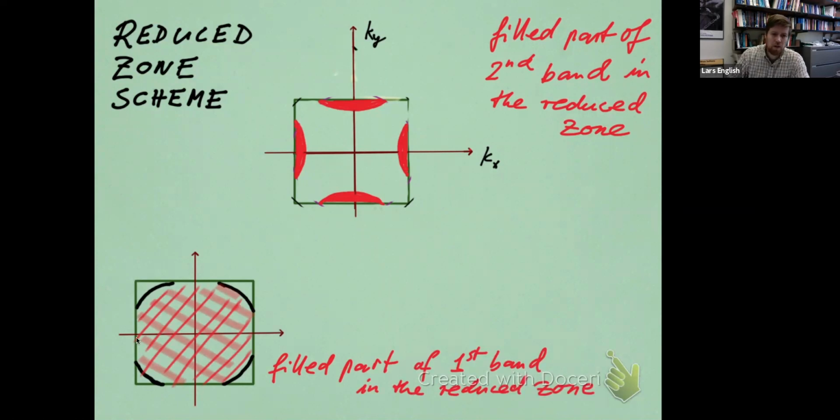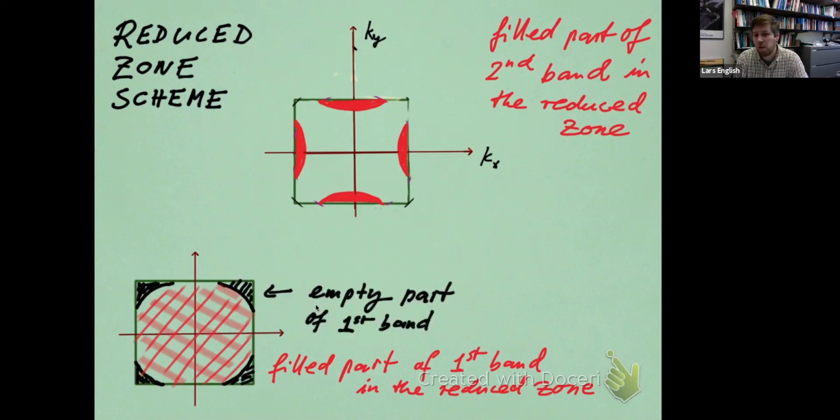Notice that there are some empty parts here in the corners. These are the empty part of the first band. This here is the filled part of the first band. And then here is the filled part of the second band.